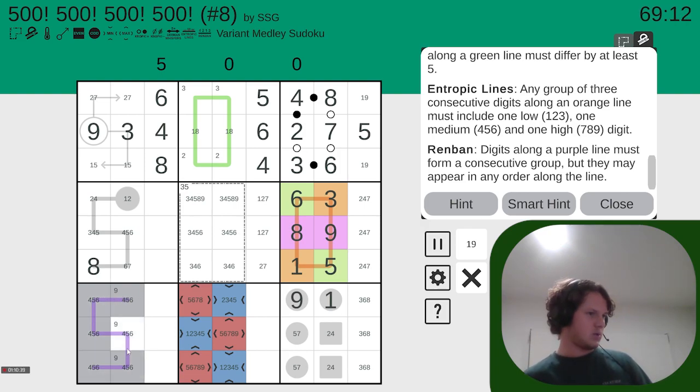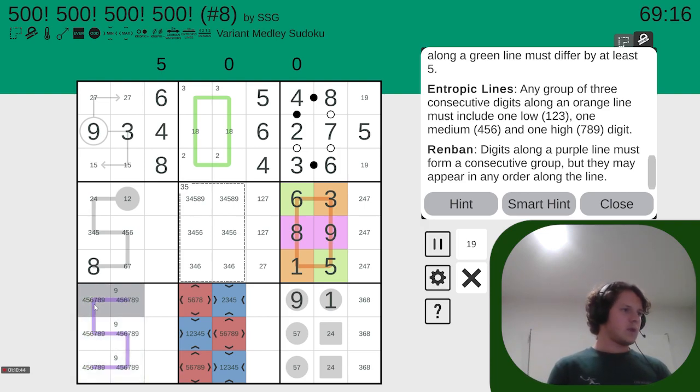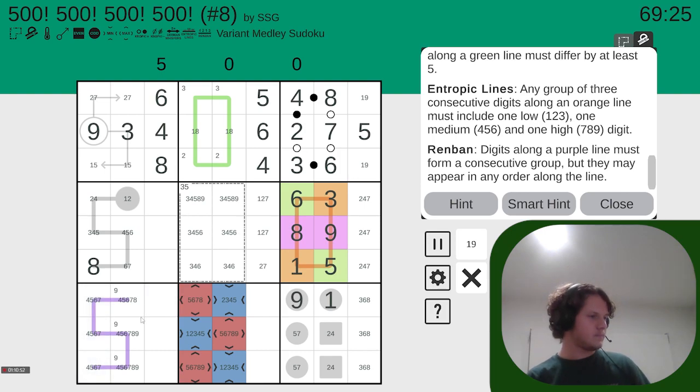So let me just whack all those in. And the 9 can't go there. We know the 8 can't go there, because Sudoku. No, the 9 can't go there because of this. Because this is our 1, 2, 3 out here. But that's not a 1.